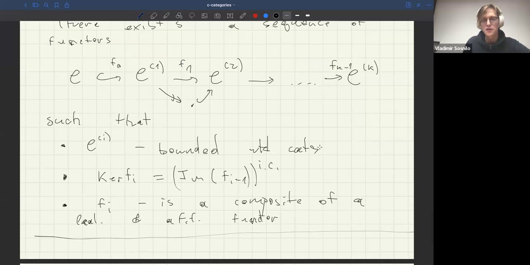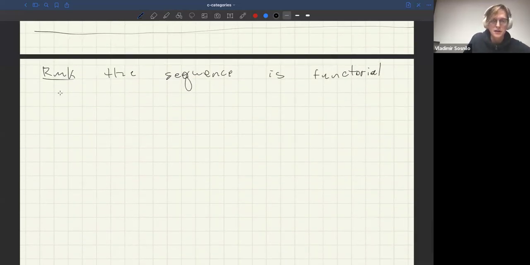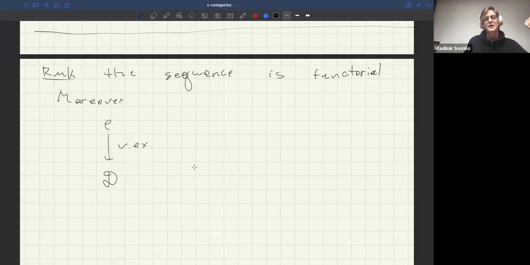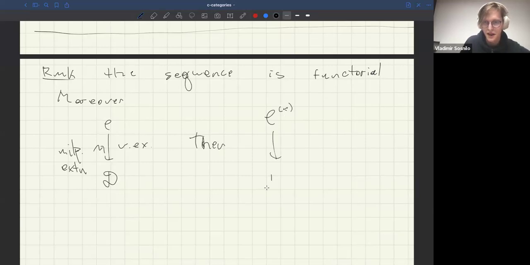And moreover, you can show that if you have a functor C to D which induces a weight exact functor Ind of C to Ind of D, and we assume that on the heart of the weight structure it's a nilpotent extension, or K-connective, or any of the notions that you can come up with on an additive level, then, at least if it's a nilpotent extension, C_k to D_k are also nilpotent extensions.